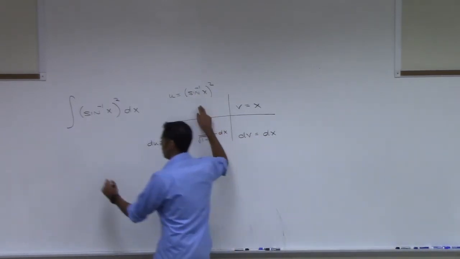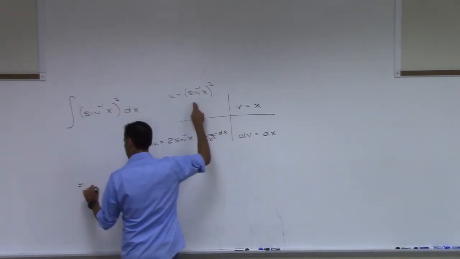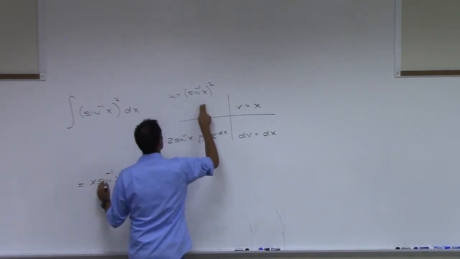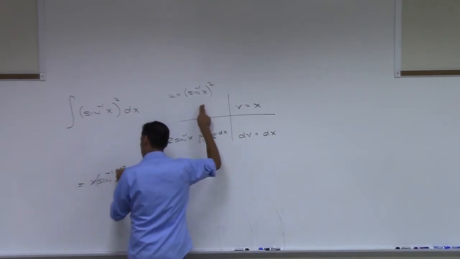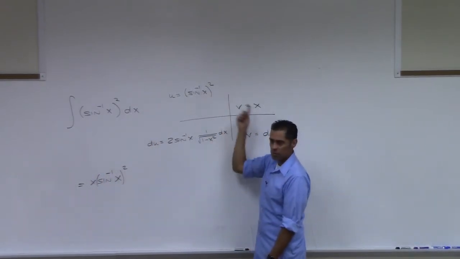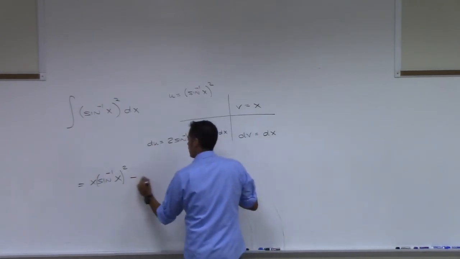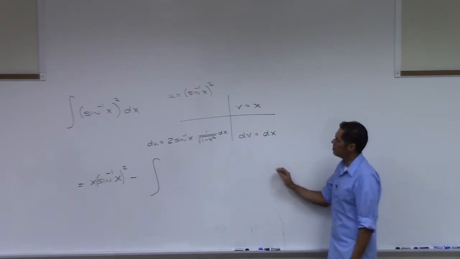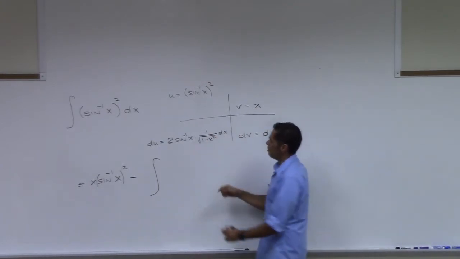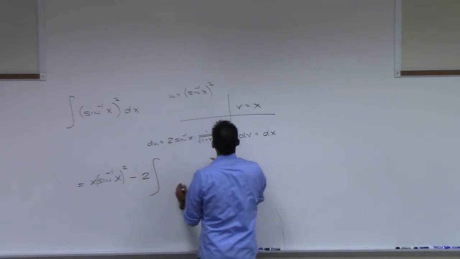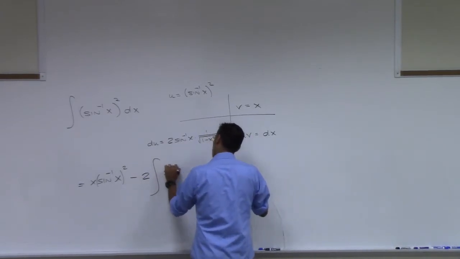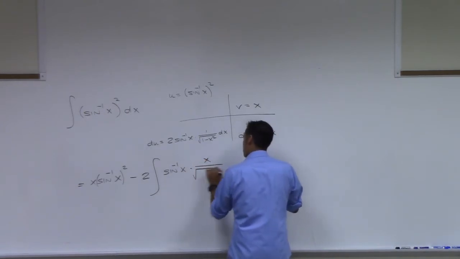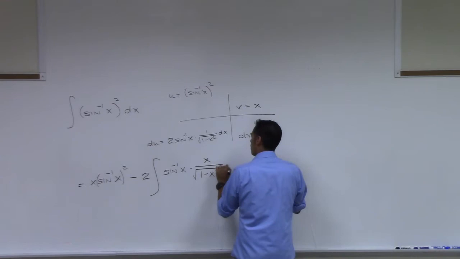It'll be uv, so that's x arc sine of x squared, these two multiplied, minus the integral of v du, which is going to be this times this. I'll pull the 2 out, and I'm going to write arc sine of x times x over the square root of 1 minus x squared dx.